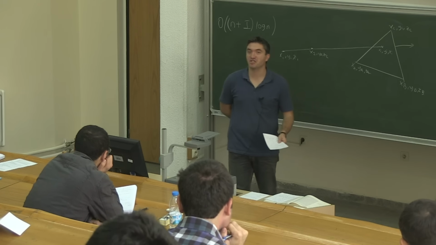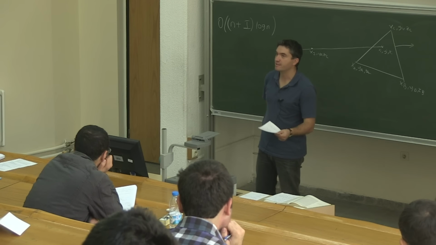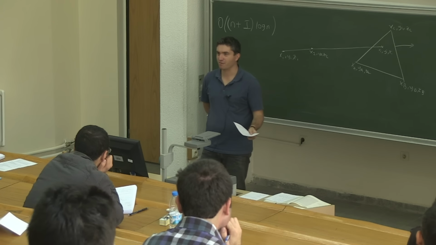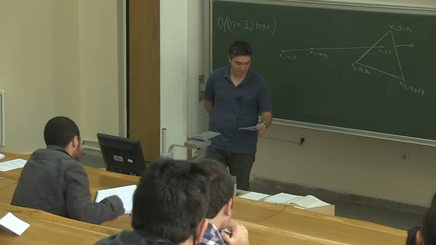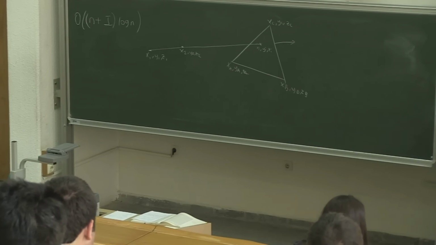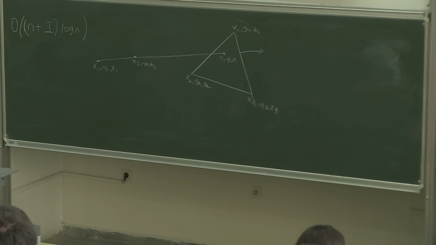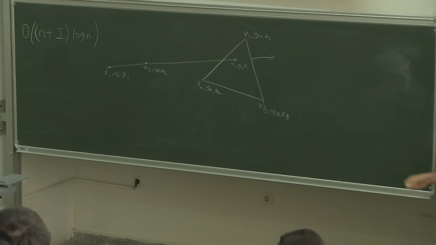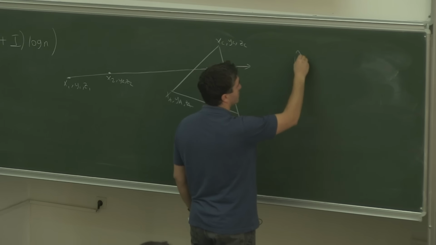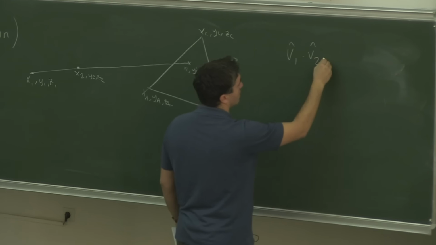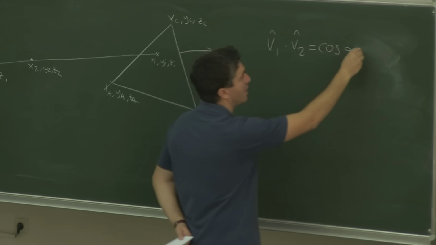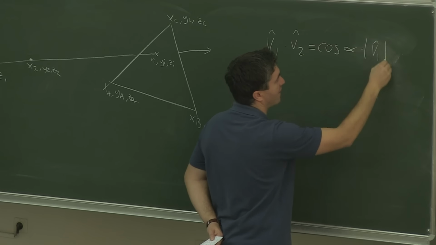We discussed the relationship between points and vectors, and some operations on vectors, like the addition and subtraction of vectors, the dot product, the cross product, and we mentioned the cosine law of vectors, which says that the dot product between two vectors v1 and v2 is equal to the cosine of the angle alpha between them times the norms of these vectors.